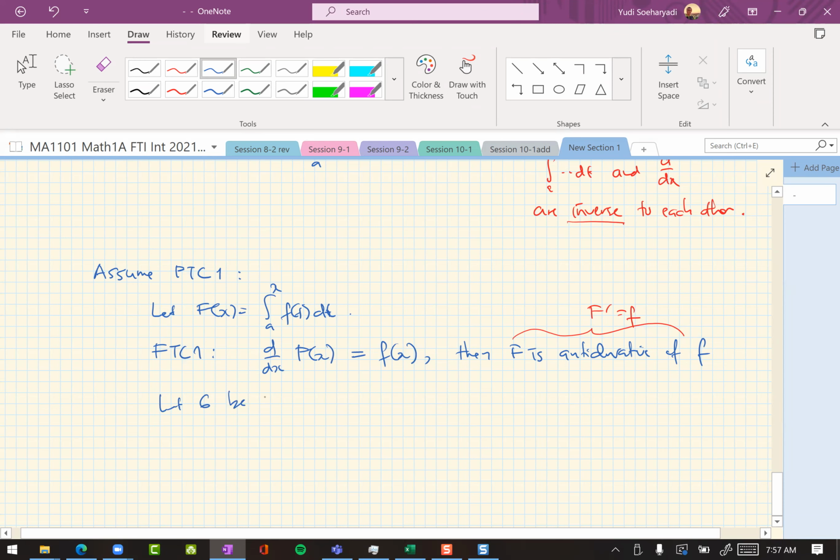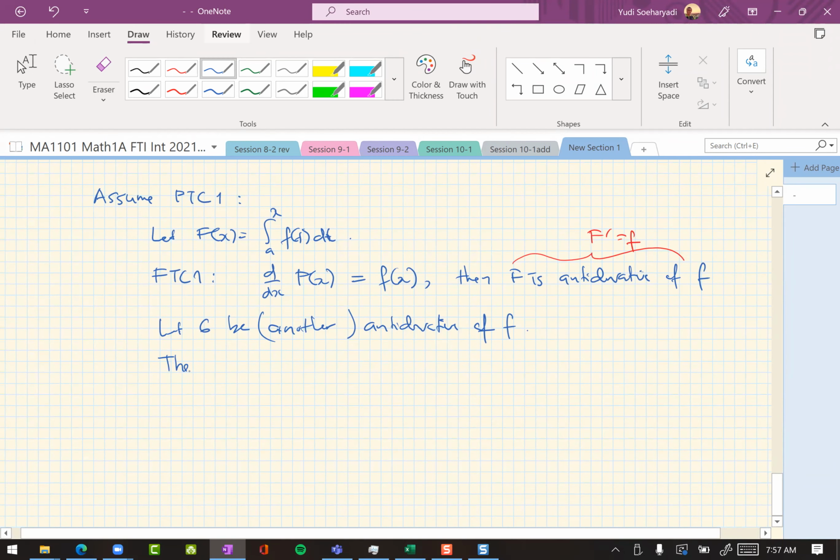Say G is another antiderivative of f, then the difference F(t) minus G(t) is constant, right? Two antiderivatives differ by a constant. Okay, let's write this down.